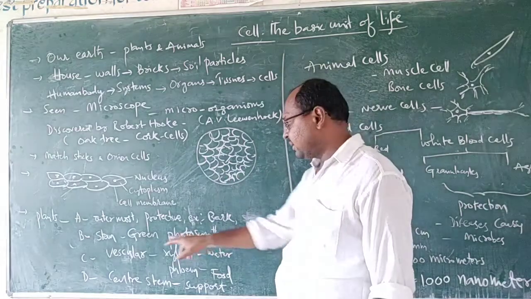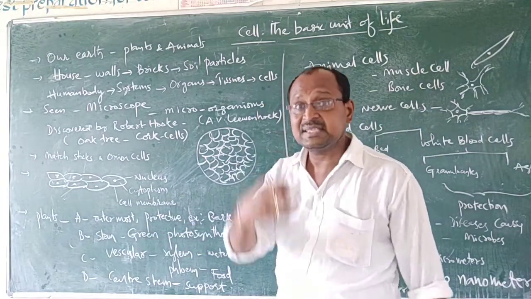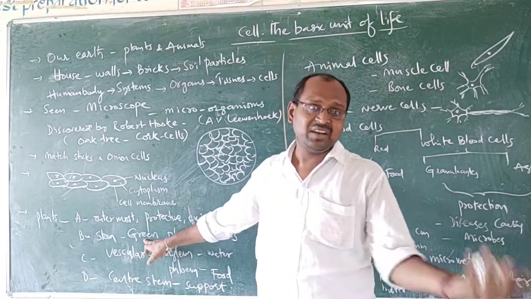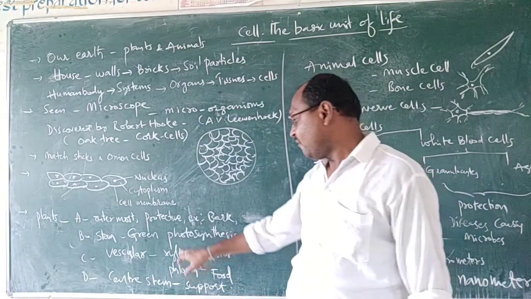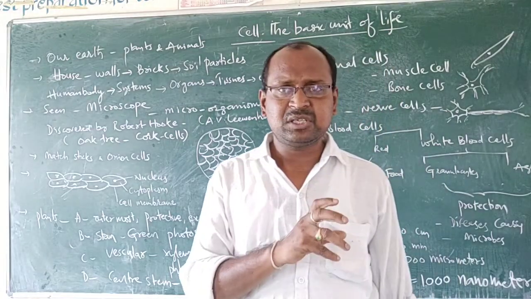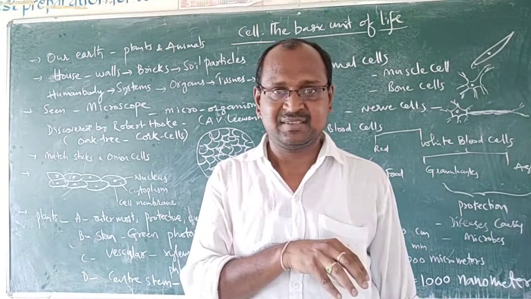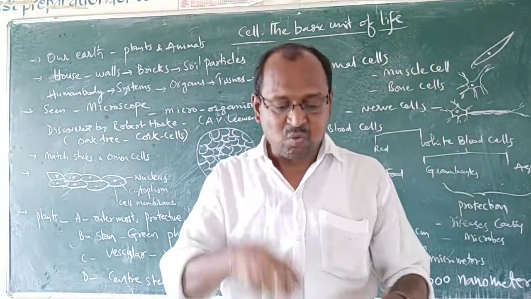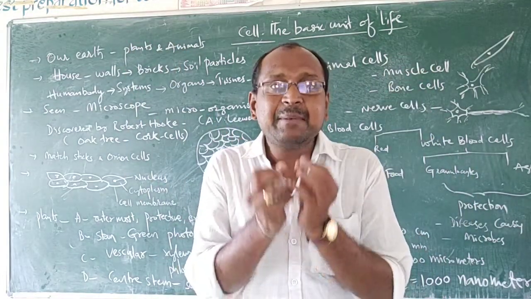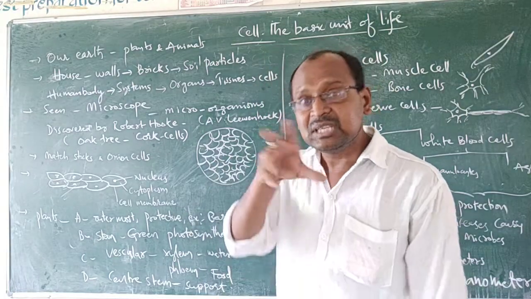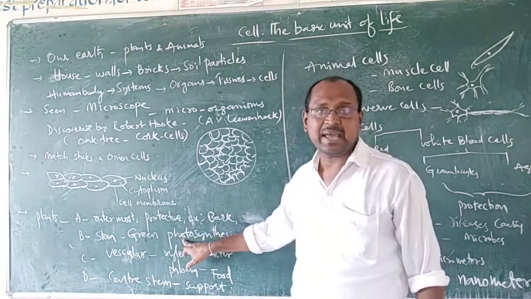Next, type B cells are present in the stem. They are green in color. Why are they green? Already we learned in lower classes how the plant prepares food by the process called photosynthesis, with the help of sunlight, CO2, water and soil particles. That is how these type B cells are helpful.